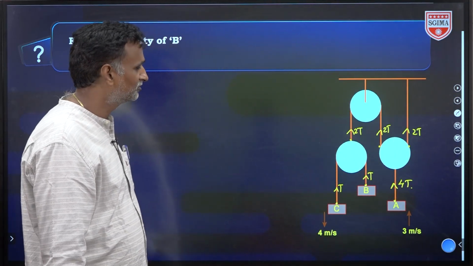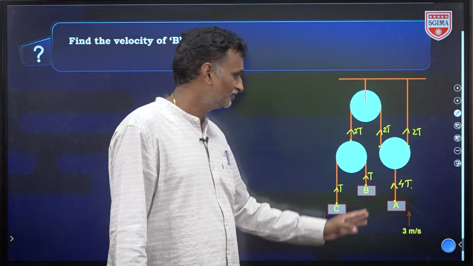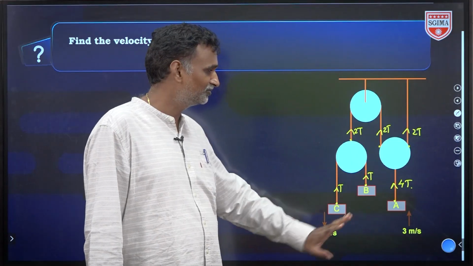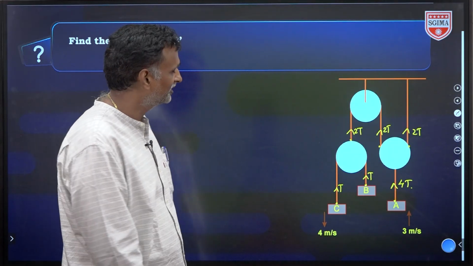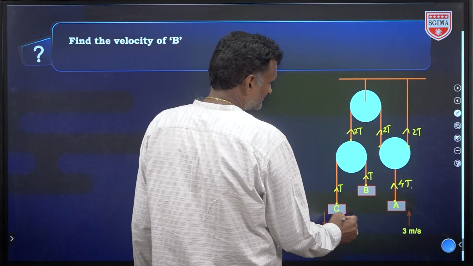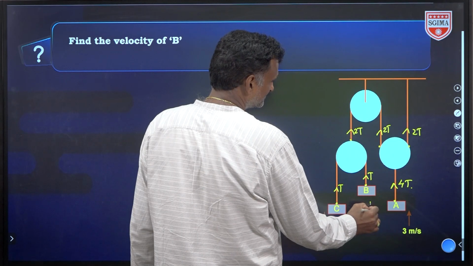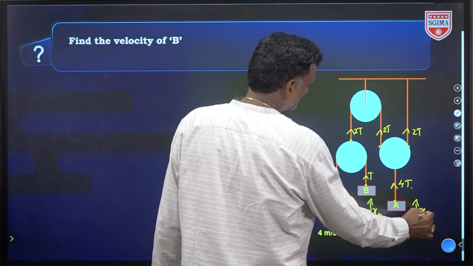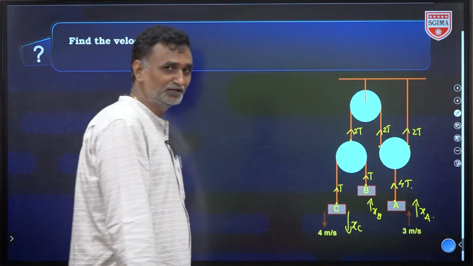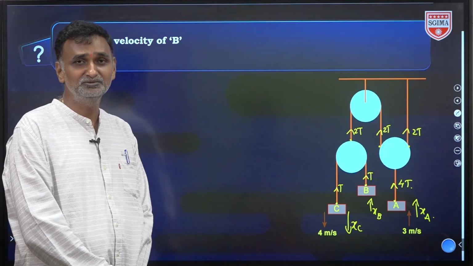Okay. So now they are asking for the velocity of B. One is moving downward, one is moving upward, and here it moves upward or downward, we don't know, we need to solve this. So let us take its displacement downward as xc, and suppose I take its displacement upward as xb, and it is moving upward, they have given xa. Okay? Work done by the tension on all the blocks must be equal to 0.